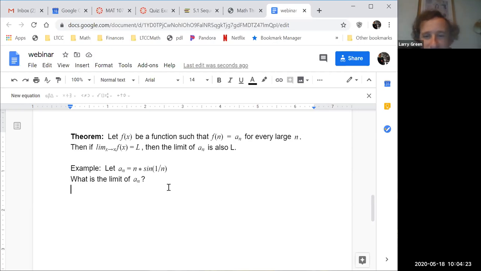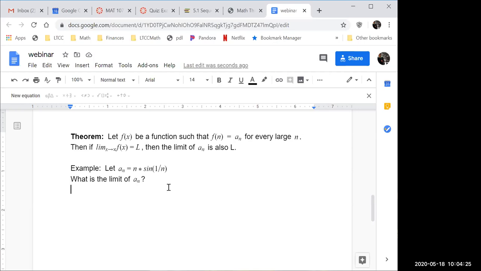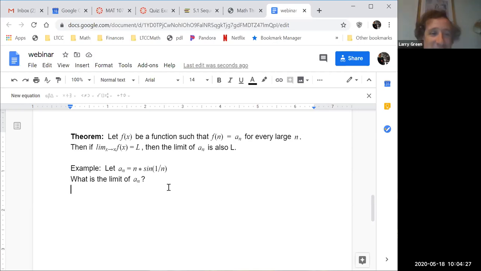Here's a hint. What did I just do before this example? It's still on the page. Yeah, we use a theorem. That's the whole point of this example, is to show you how this theorem is used.